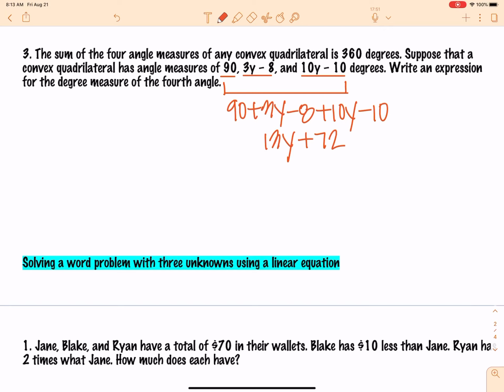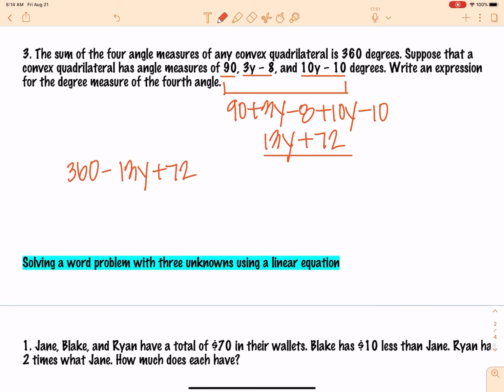So if I have a quadrilateral, which adds up to 360 degrees, and again, let's just pretend 3 angles add up to 300. Then what would that 4th angle be? Okay, that 4th angle would be 60, right? So all we did again was subtract. So we're going to subtract what the 3 angles are equal to, which is here. So 13y plus 72.